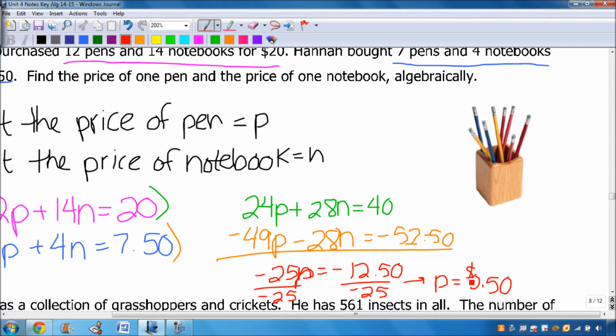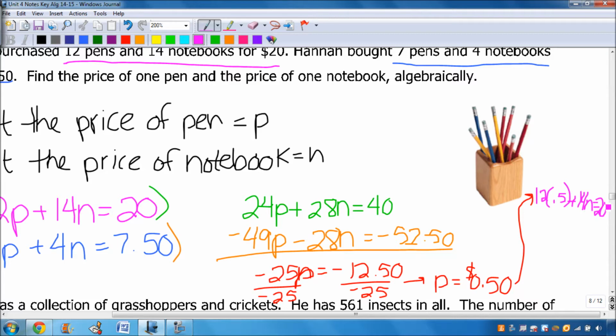Well, now that I know what p is, I can plug it into any equation I want to solve for n. So I will plug it into the top equation. Just going to arbitrarily, randomly choose an equation to plug it into. So I'm going to say 12 times 0.5 plus 14n equals 20, okay?